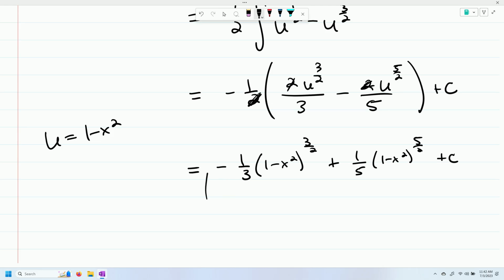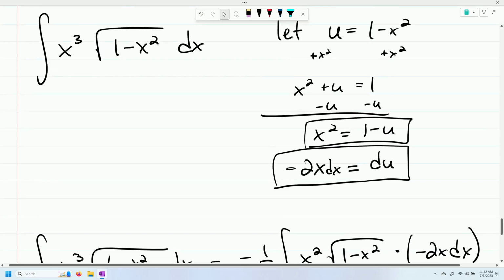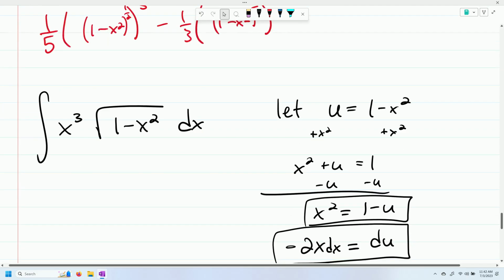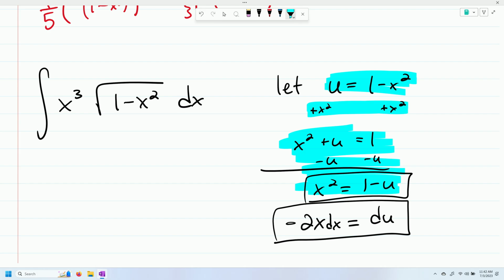So you end up with the same exact answer. I think the integral in this scenario is more difficult. And the reason why I think it is more difficult is because how many of us actually think to rearrange this thing right here? Not too many.